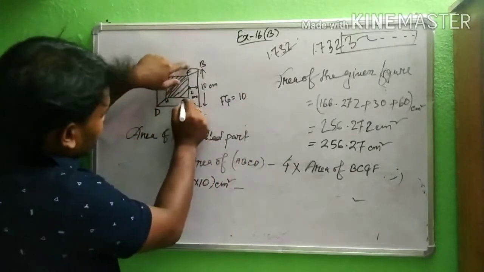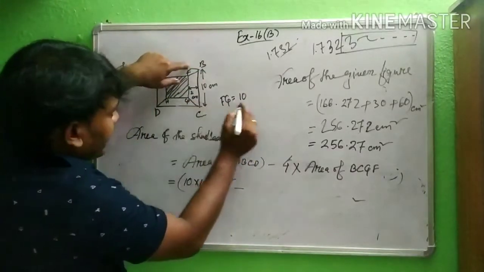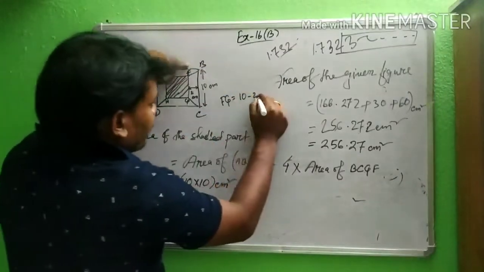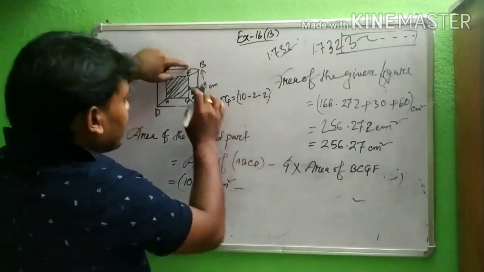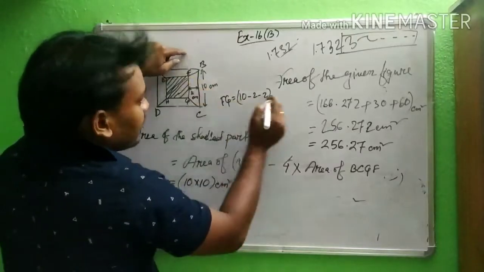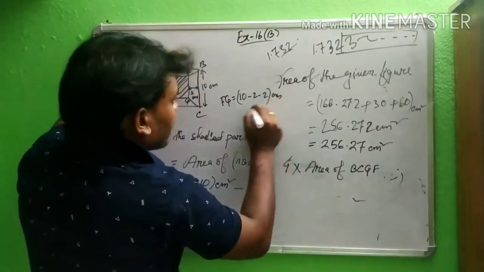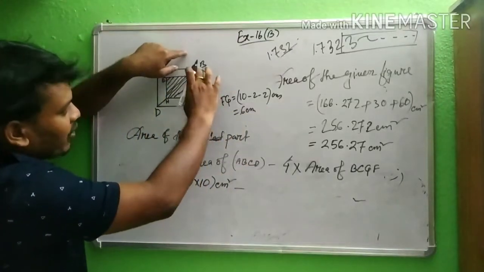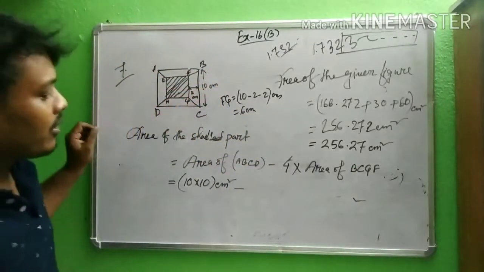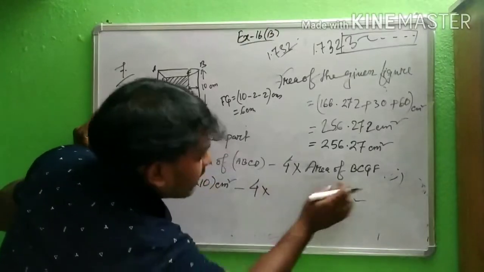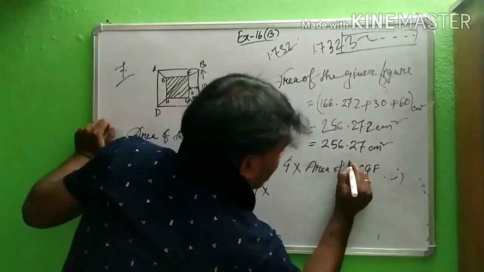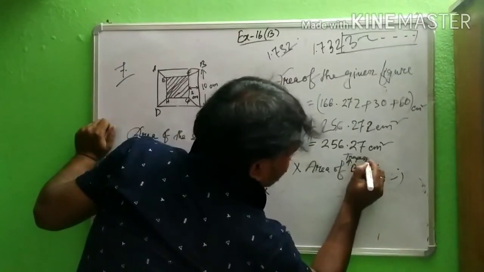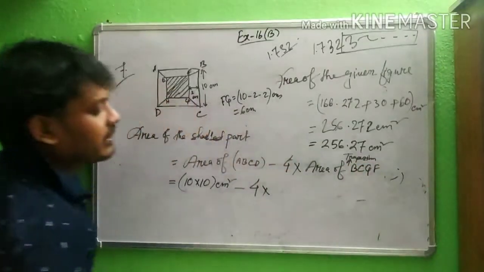Here we subtract 2, and here also we subtract 2. So the length of FG is 10 minus 4, that means 6 centimeter. So the value of this one is 6, and this one is 10.